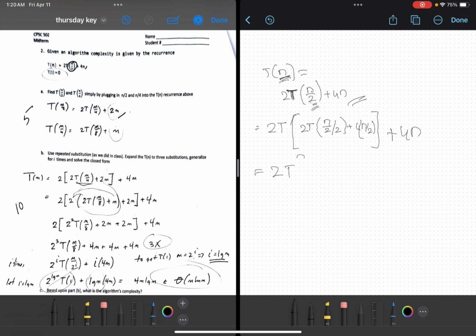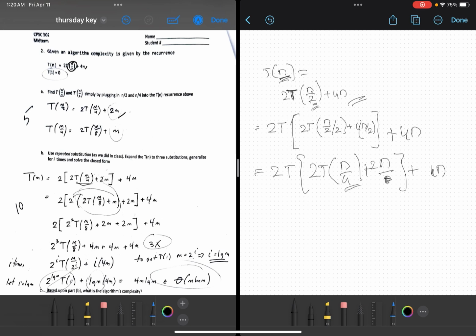So that's like 2 times 2T of n by 4 plus 2n, plus 4n.